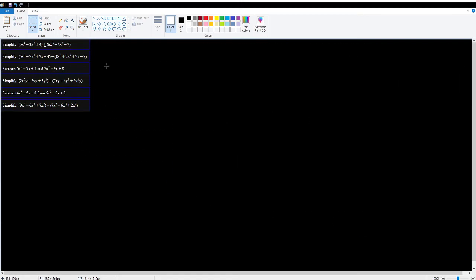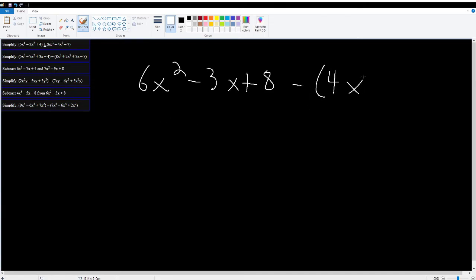Let's do the next one. Subtract 4x cubed minus 5x minus 8 from 6x squared minus 3x plus 8. So it's basically 6x squared minus 3x plus 8, minus 4x cubed minus 5x minus 8, right?